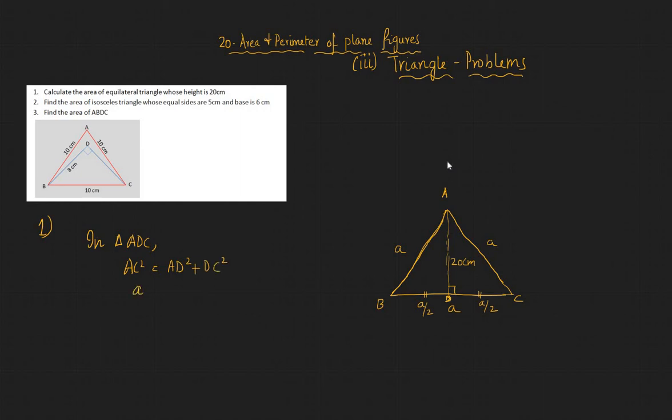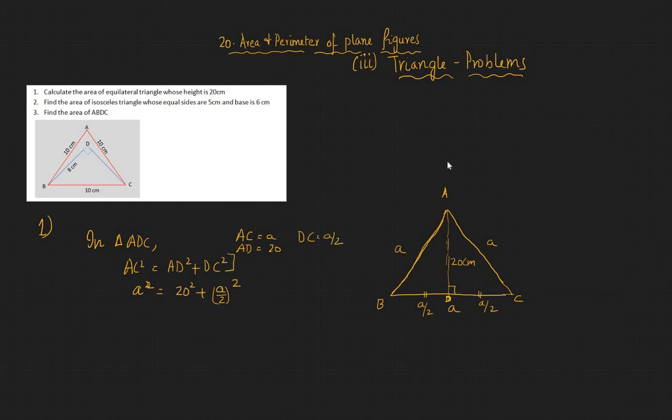And AC squared is nothing but A squared, equal to AD squared, which is 20 given, plus DC squared, which is A by 2 the whole square. It is also a good idea to write down the values: AC equal to A, AD equal to 20, and DC is equal to A by 2.